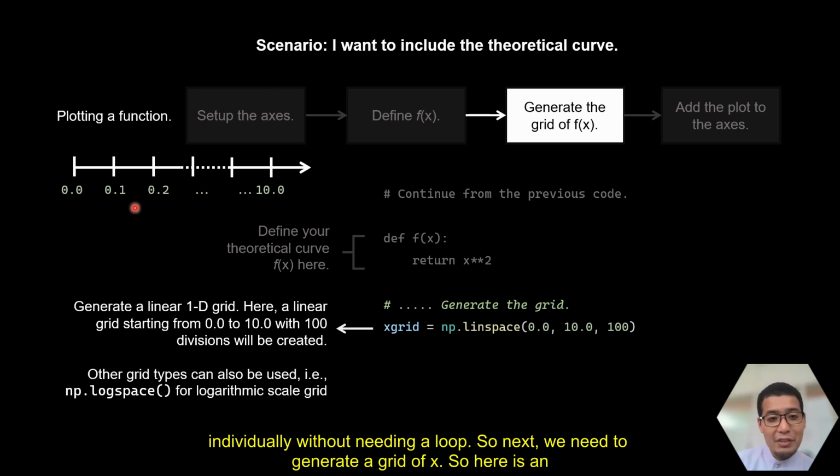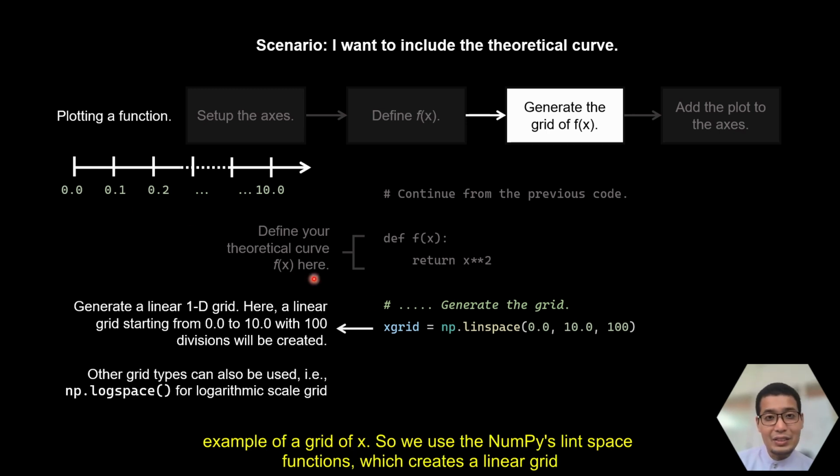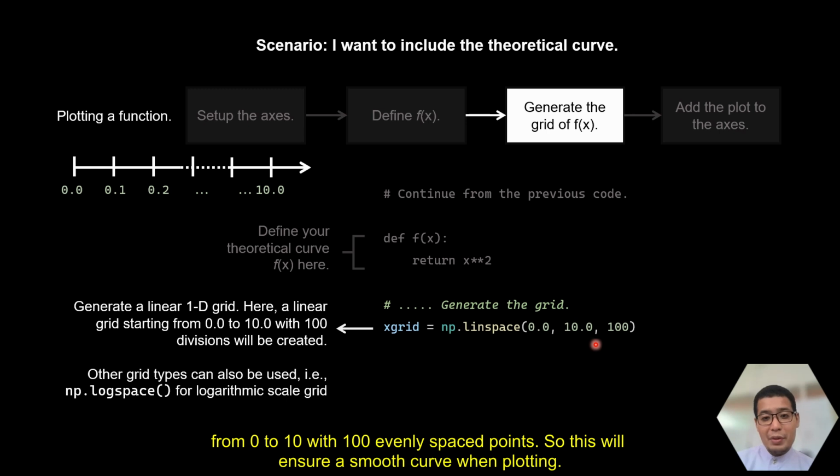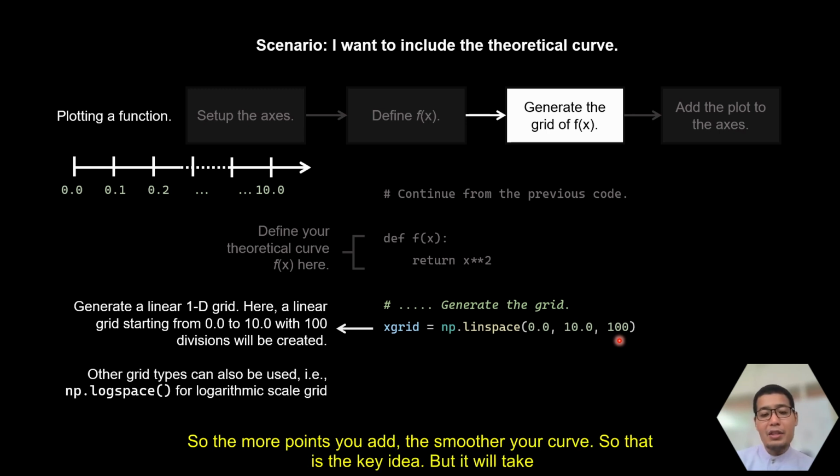So next, we need to generate a grid of x. Here is an example of a grid of x. We use NumPy's linspace function, which creates a linear grid from 0 to 10 with 100 evenly spaced points. This will ensure a smooth curve when plotting. So the more points you add, the smoother your curve. That is the key idea.